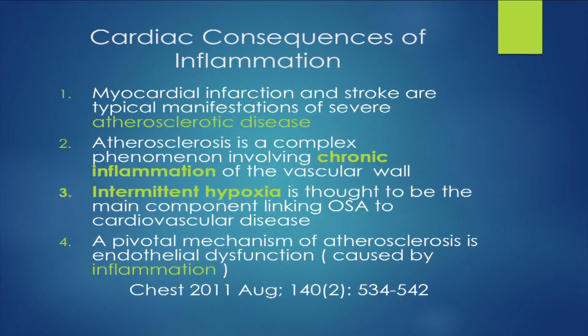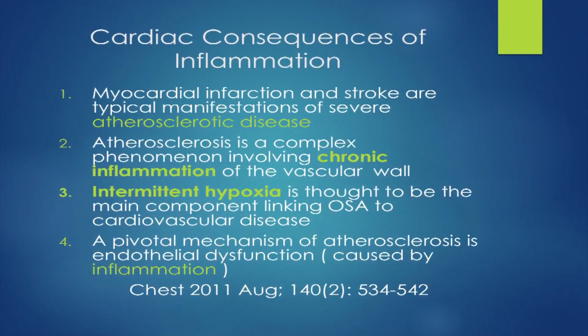Next, I will point out one of the cardiac consequences of inflammation. This is in the form of arteriosclerosis. Arteriosclerosis involves chronic inflammation of the vascular wall. Myocardial infarction and stroke are typical manifestations of severe arteriosclerotic disease.